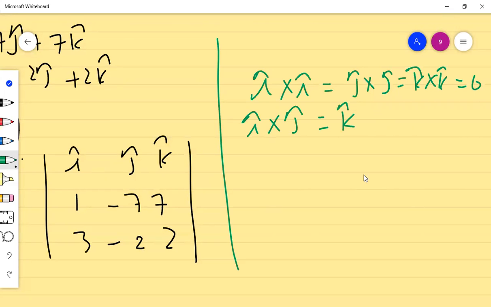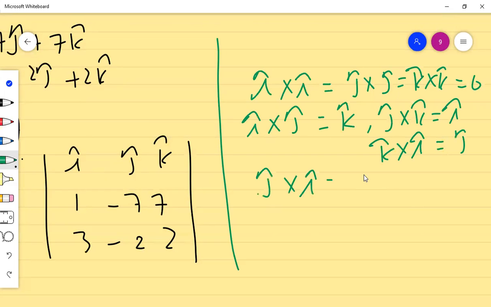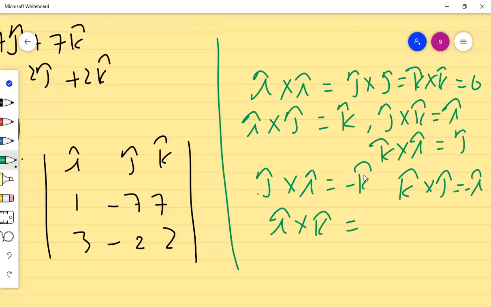But J cross I is what? Minus K. If we change the order, then a negative sign will be introduced. K cross J equals minus I, and I cross K equals minus J. Okay, got it?